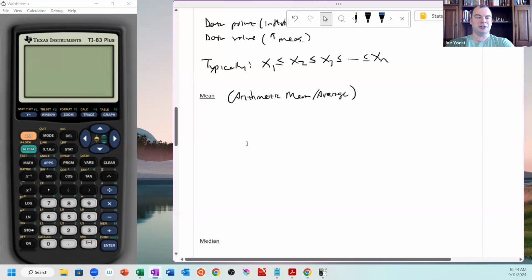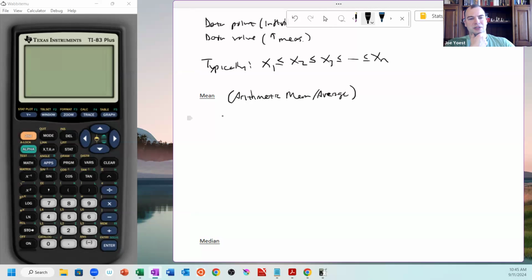The Excel function that computes it is called equals average. Sometimes I think people make too big a deal of semantics, and a lot of the other times I think people make far too small a deal of semantics, just getting the wording correct so that we understand what the other person is saying. I think mean versus average is making too big a deal of semantics.